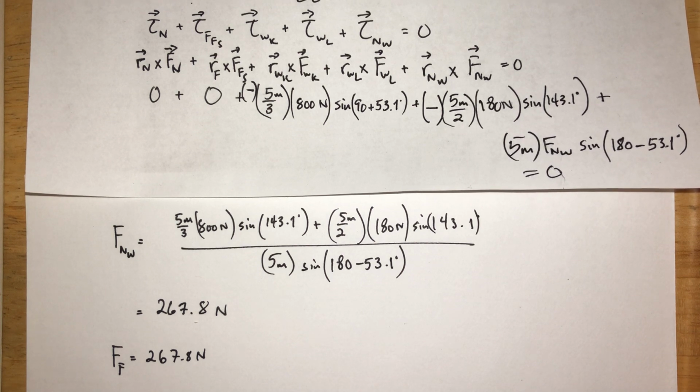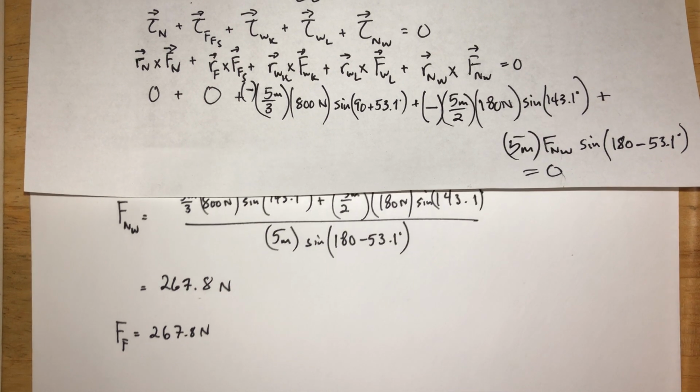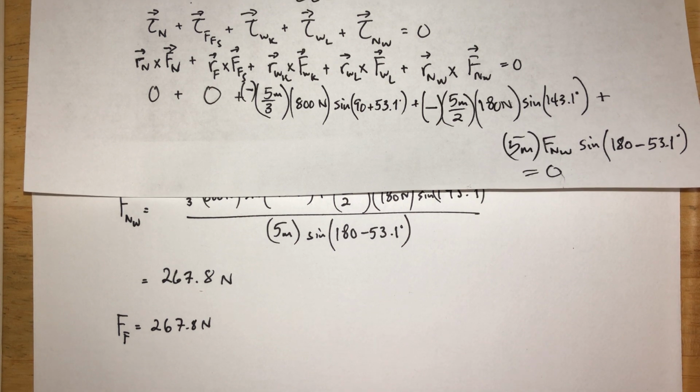Okay. Next step was to find the minimum coefficient of friction that would get the job done and keep the ladder from slipping. Well, that part asks quite a bit less of us, actually.